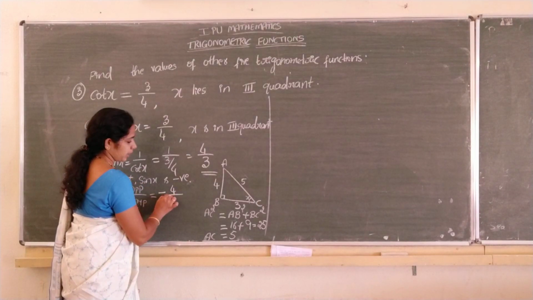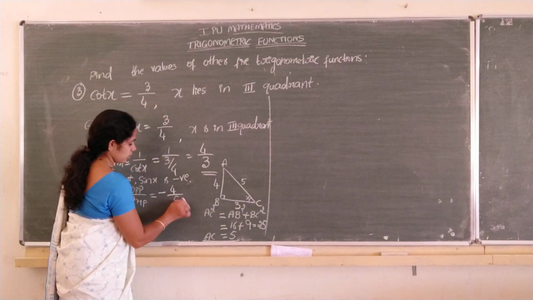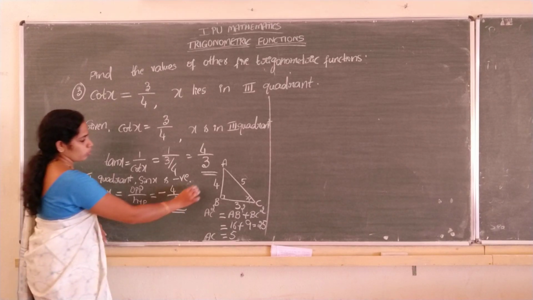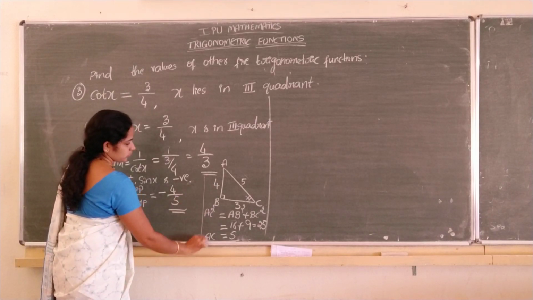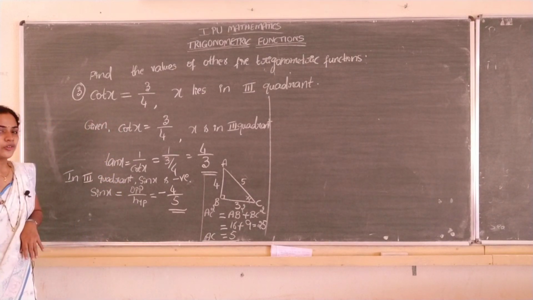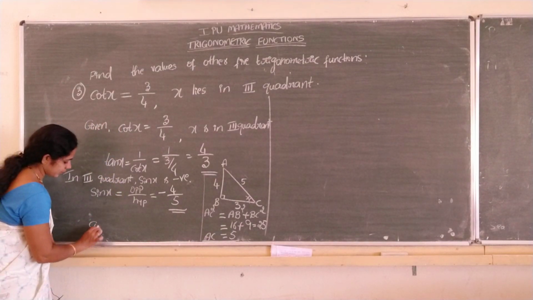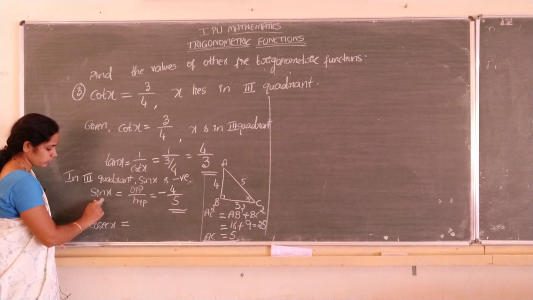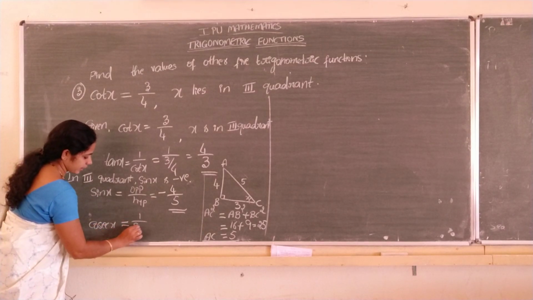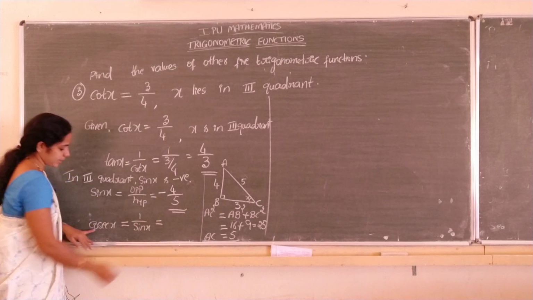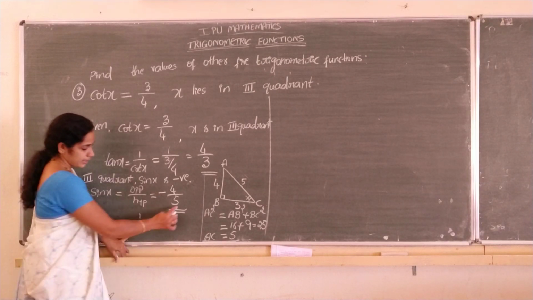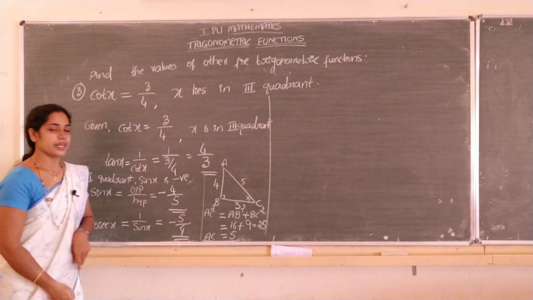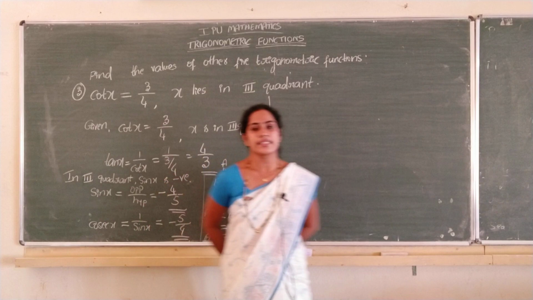Opposite by hypotenuse is minus 4 by 5. Now, one more, cosec x. If we have sin x, directly we can write cosec x, that is 1 by sin x, the reciprocal of this: minus 5 divided by 4.